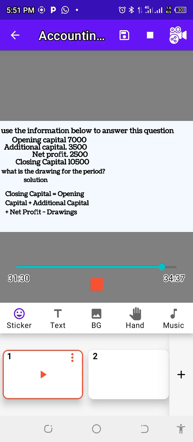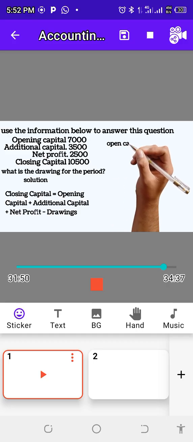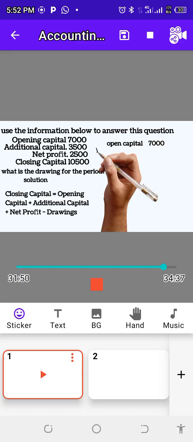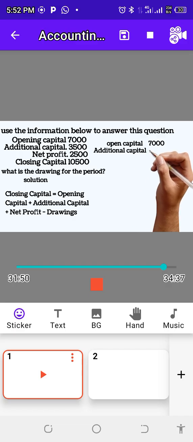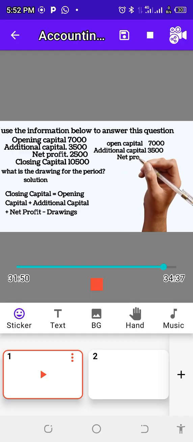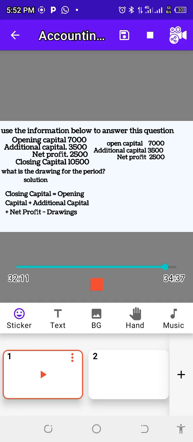So we want to find the actual closing capital and we use this formula to do that. So opening capital is 7,000. Additional capital is 3,500. And net profit is 2,500. So we are going to total this and find out the actual closing capital.